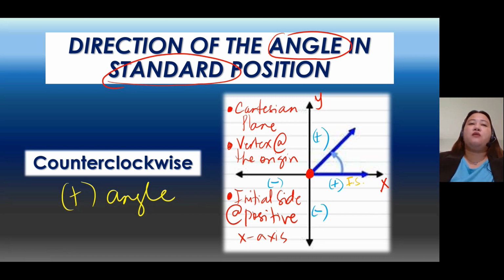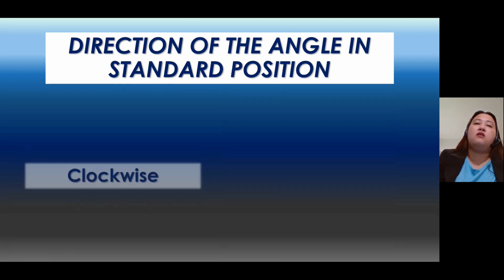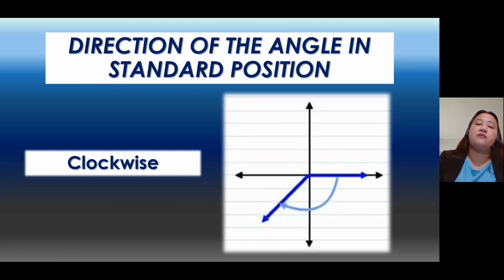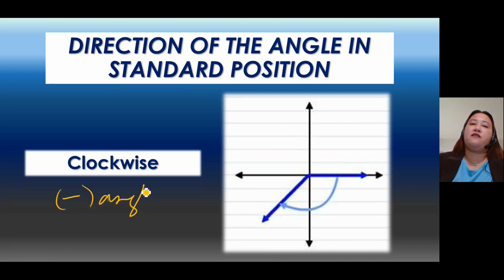With the counterclockwise, I already explained this a while ago. If the terminal side rotates in a counterclockwise direction, the angle is positive. Also, when the terminal side rotates in a clockwise direction, the angle is negative. So we have here a negative angle.